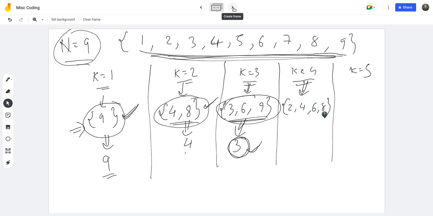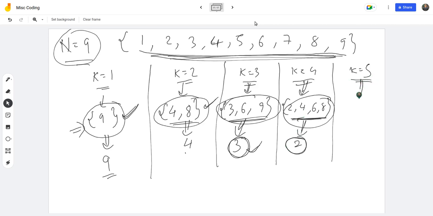So this is the subset that you are picking, 2, 4, 6 and 8, and GCD here is 2, right? Again you can try multiple subsets of size 4 and you will see that for all of them GCD will be less than or equal to 2, and hence this is the optimal solution here, 2, 4, 6, 8.